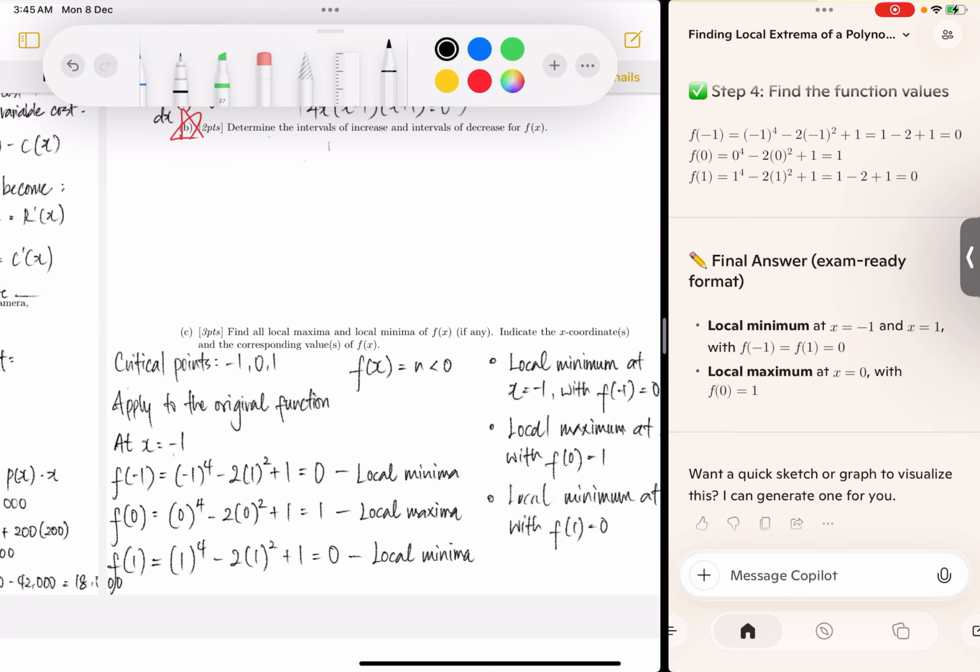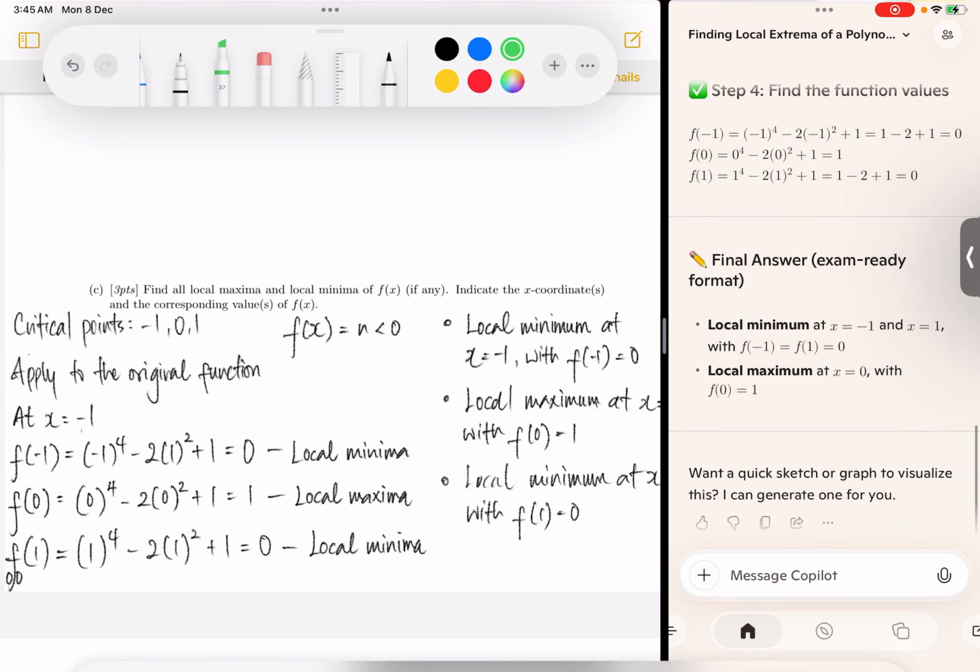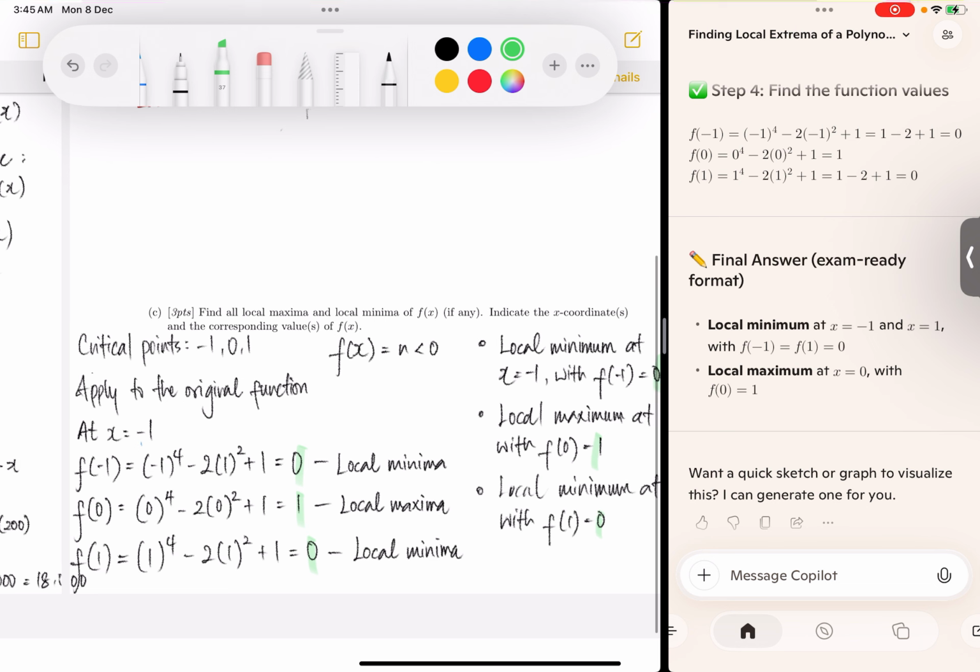Just copying the answers of this here, and then the functions that we used. Okay, -1, -1 here, 0, 0 here, 1, 1 here.